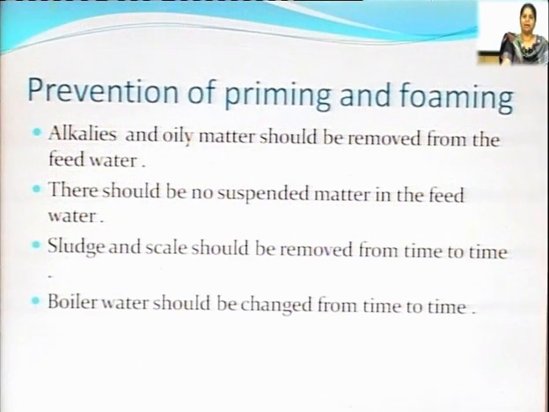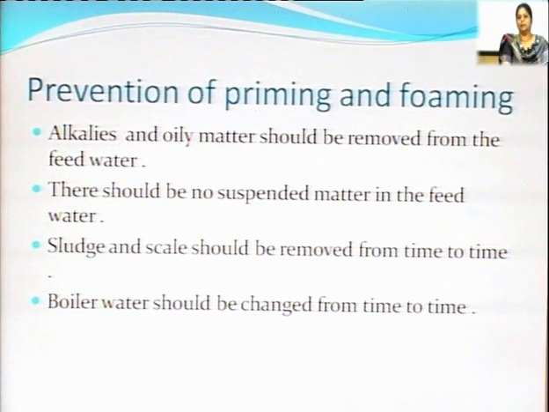Now, how can we prevent priming and foaming? Alkalis and oily matter should be removed from feed water. Another way is that the suspended matter should be removed from feed water. There should not be any suspended matter in the feed water. Sludge and scale formation has to be prevented.